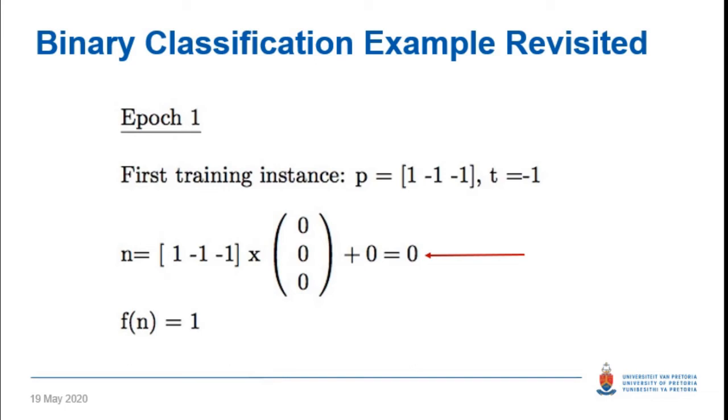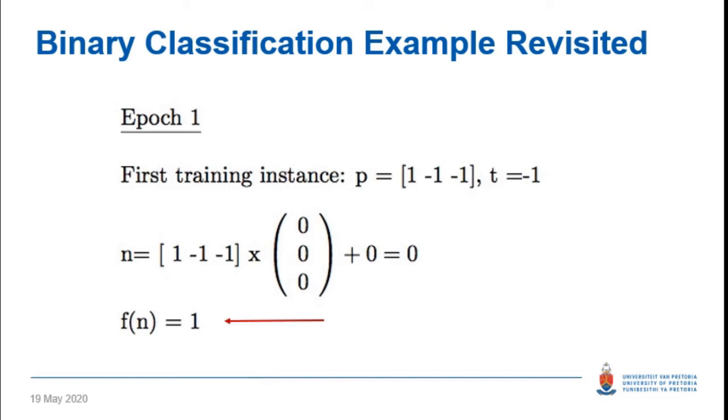The 0, 0, 0 there is W1, W2, and W3, and the 0 value that we're adding on is the bias. When we do the calculation, we end up with the value of 0. And n is greater than or equal to 0, since 0 is equal to 0, so our activation function will output a 1.